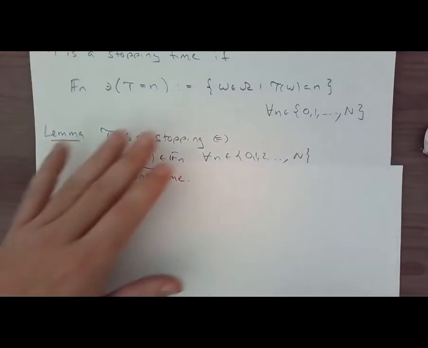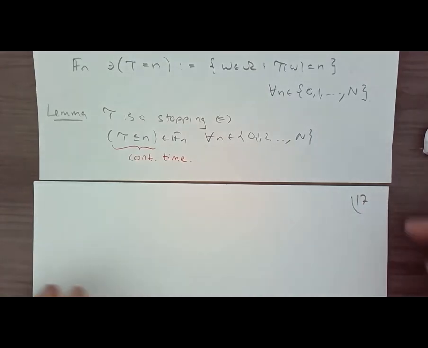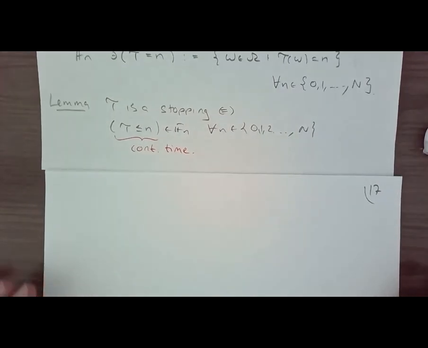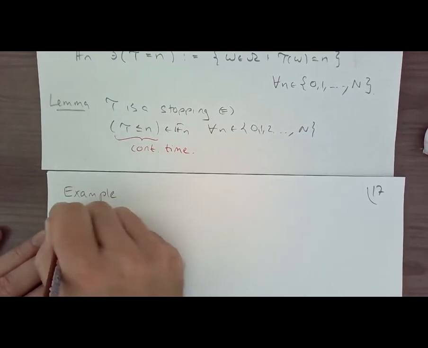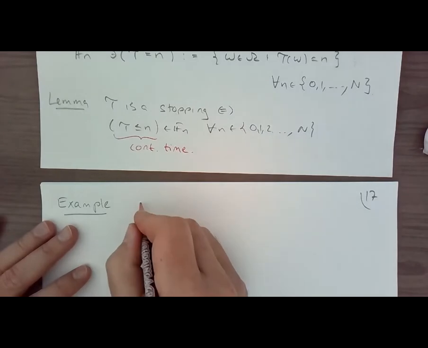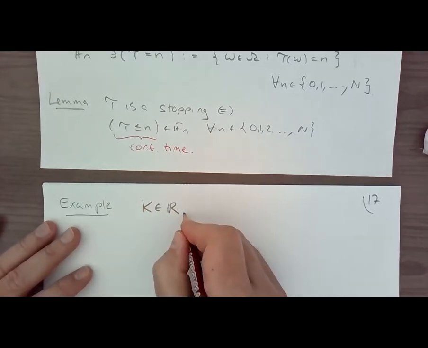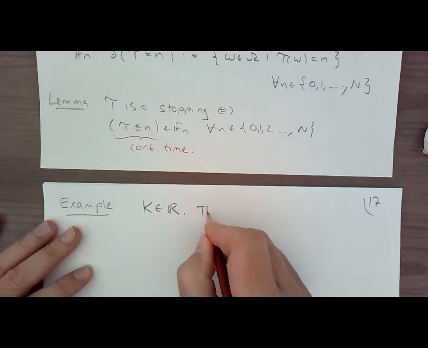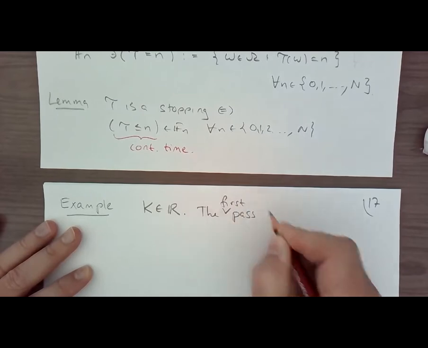The main example that one should have in mind, and the main example that's in the textbook, is the following. You pick a k, then the first passage time.